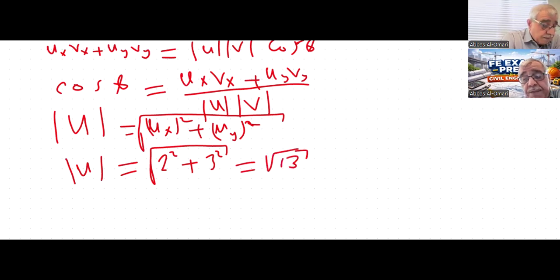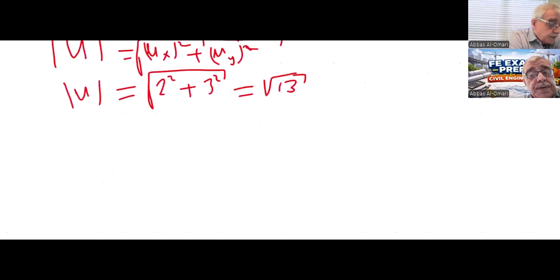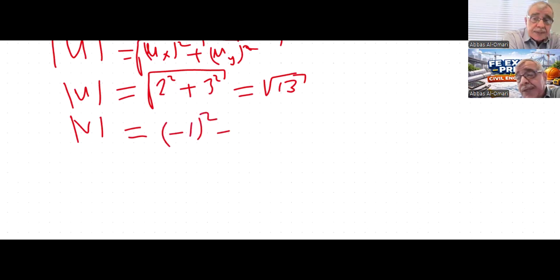Now the value of v, in the same way, is the square root of -1 squared, which is the component of the vector v in the x direction, plus the square of 4, which is the component of v in the y direction.